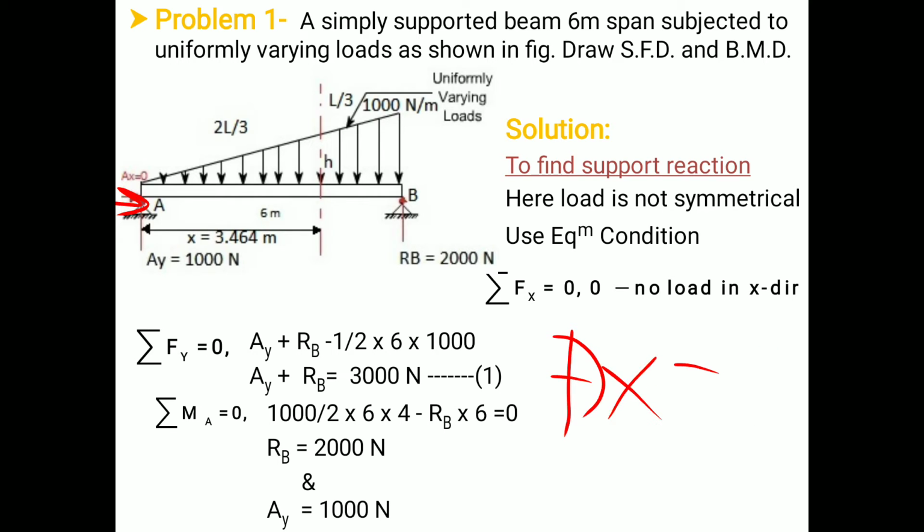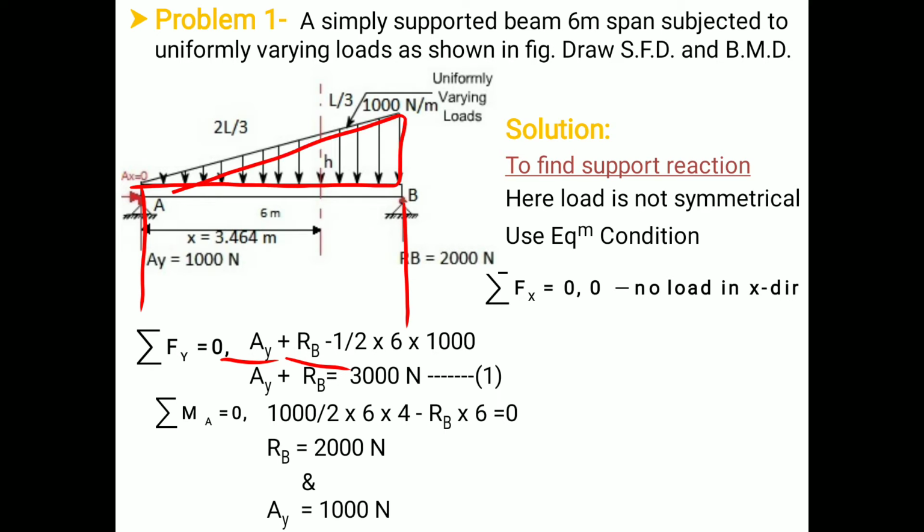Then we have AX is equal to 0. There is no other force which is acting along x direction. Next one, second equilibrium equation is summation of Fy is equal to 0. Summation of Fy equal to 0 means this reaction is AY, this reaction is RB, both are acting in upward direction, therefore positive. And the very important point, this uniformly varying load, we have to convert it into point load, and that will act in downward direction.